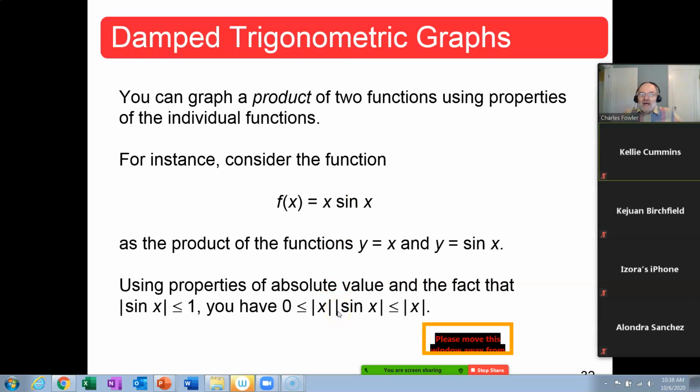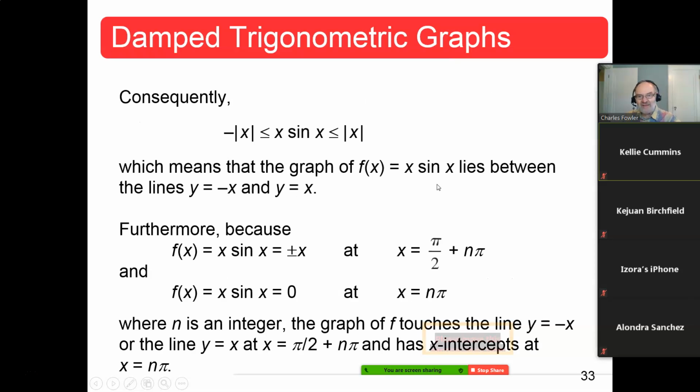So what that says, you can take the minus x and put it on the other side of the absolute value thing, and do minus x is less than, let's just see what they do. Okay, here we go.